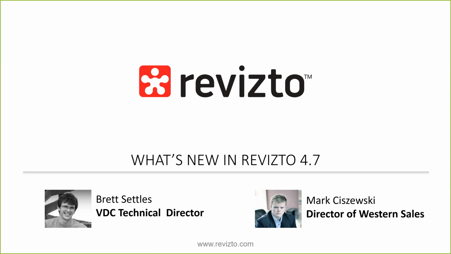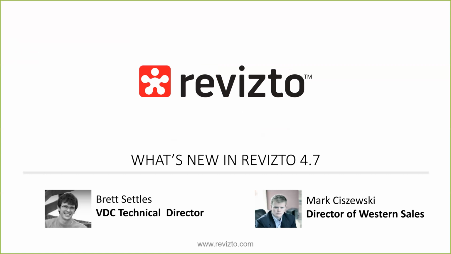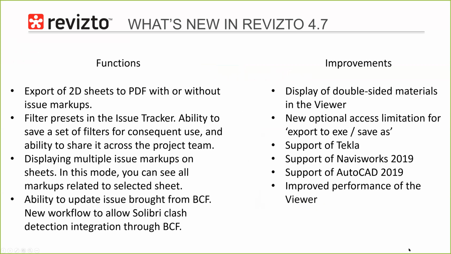So let's talk about what's new in Revizto 4.7. We have some improvements as well as some functions that have been introduced in the release that happened a couple Thursdays ago.